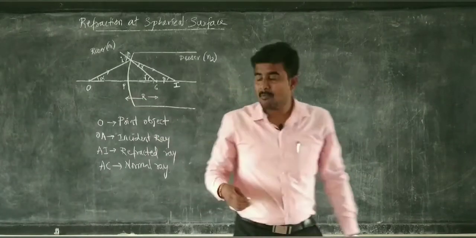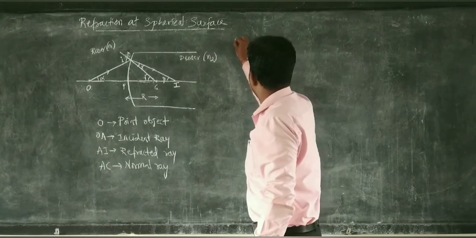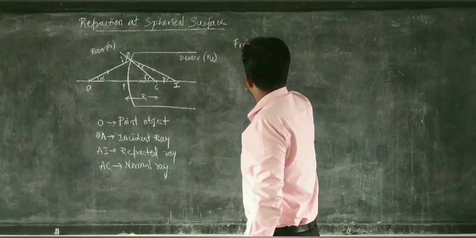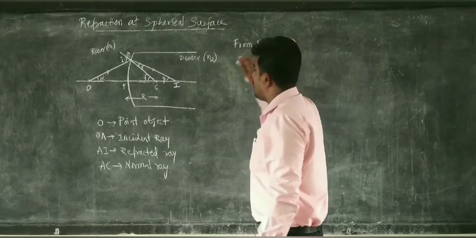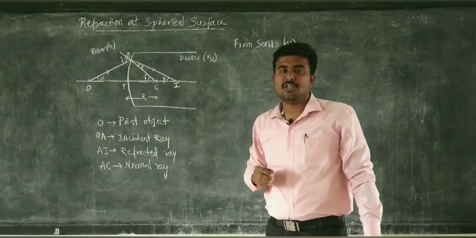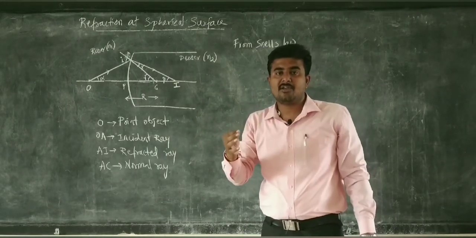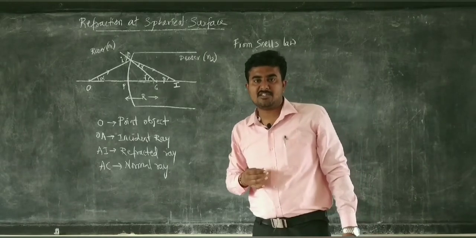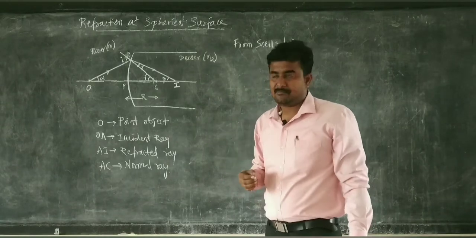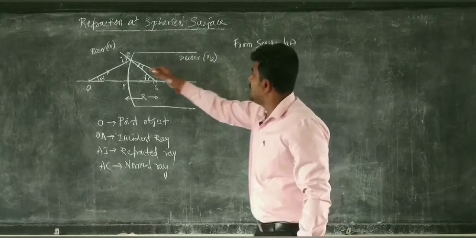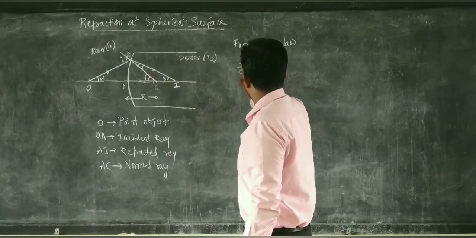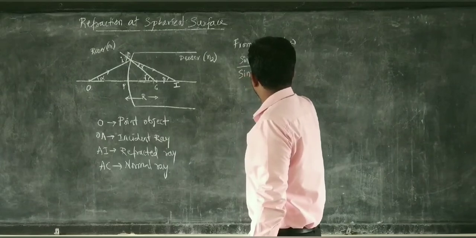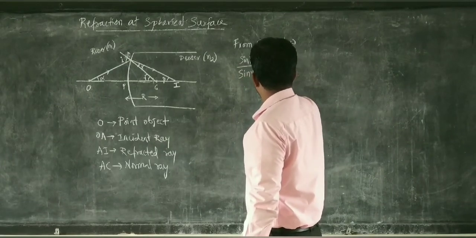Next, from Snell's law. Snell's law says the ratio of sine of angle of incidence to the sine of angle of refraction is equal to a constant, okay. So here sine i divided by sine r can be written as N2 divided by N1.